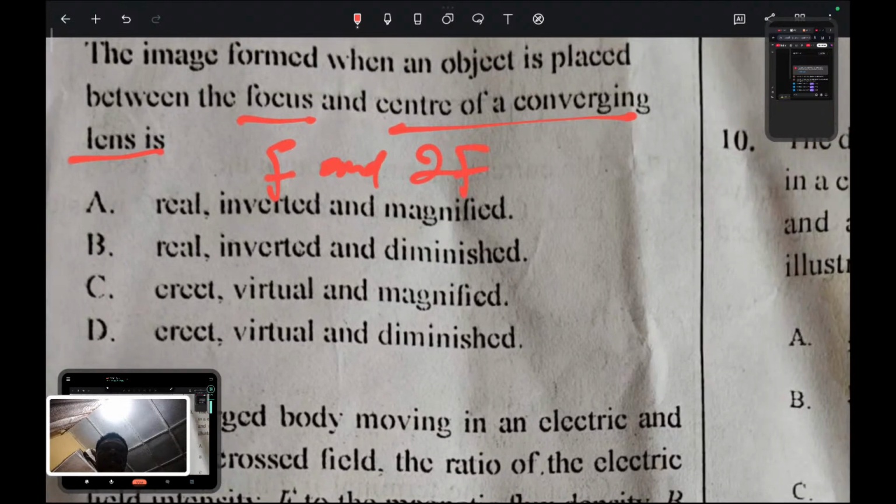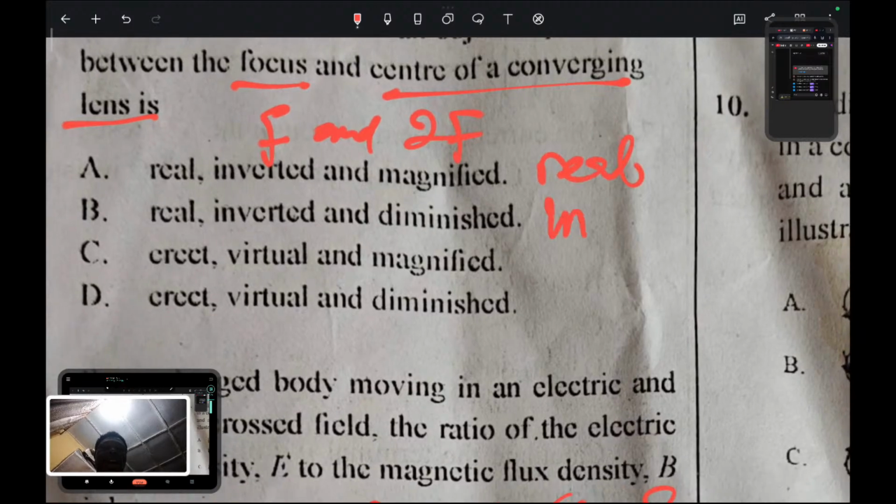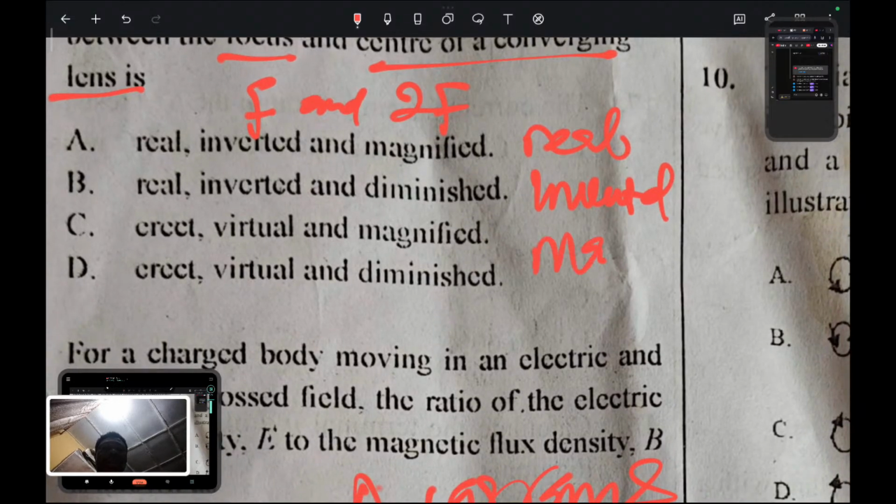The image will be real, the image will be inverted, and the image will be magnified. So if you observe which option satisfies these properties I wrote here, you can see that option A is the correct answer.